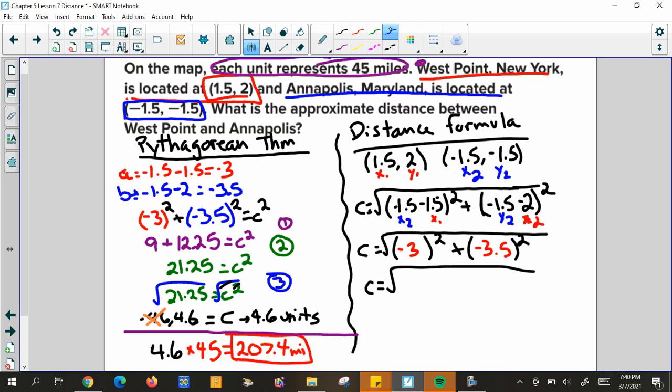So -3 squared is 9 plus -3.5 squared is 12.25. This square root sign acts as a parenthesis itself, so I still got to simplify what's on the inside. 9 plus 12.25 is 21.25.